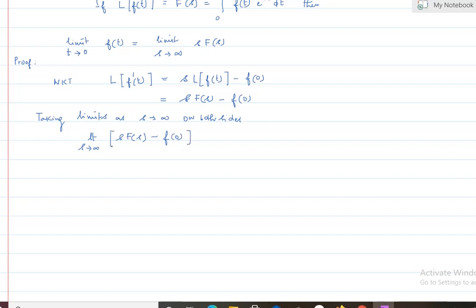That is, I am starting with the right hand side. That is equal to limit s tends to infinity L of f dash of t.